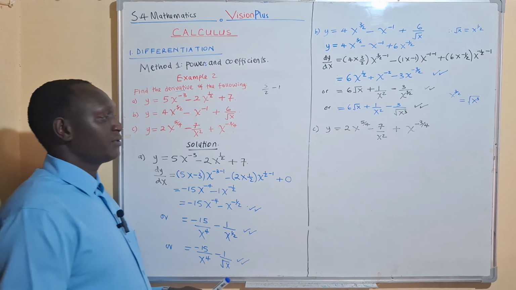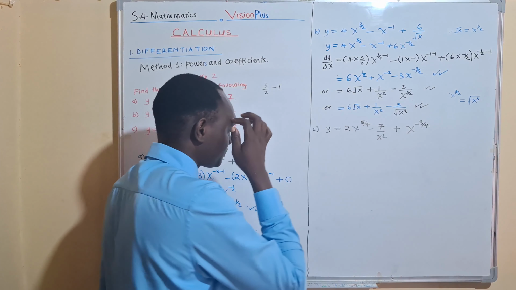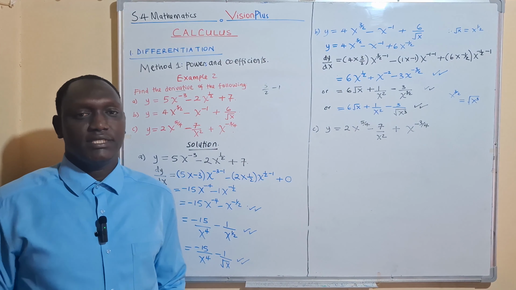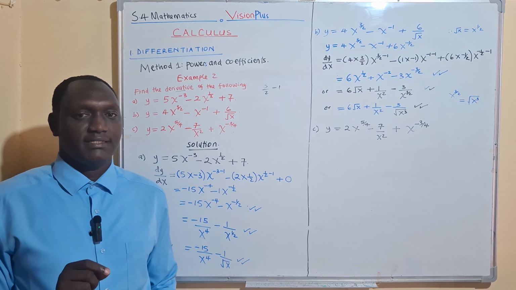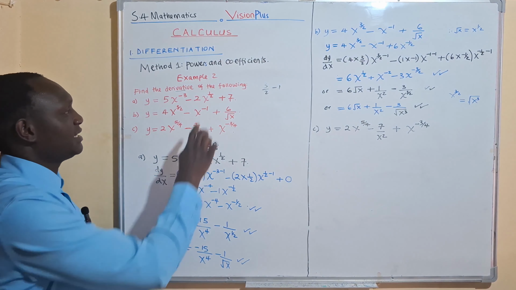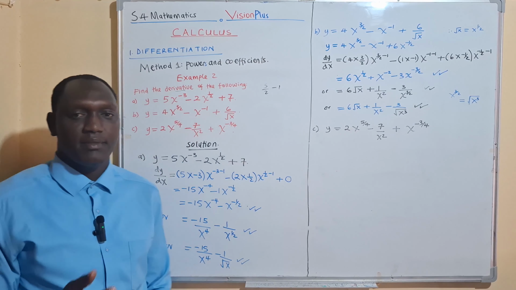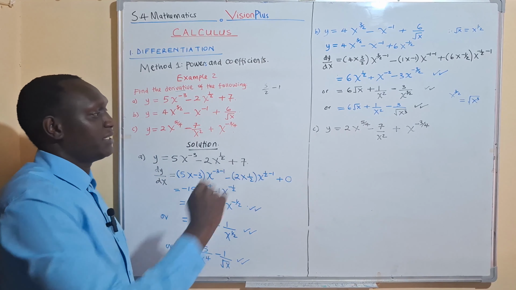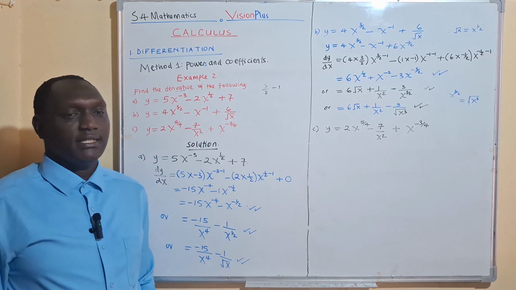Remember, if it is on the denominator, it does not mean that we cannot differentiate it at all. But for the methods that we have learned, that is powers and coefficients and maybe first principles, the two methods do not permit us to always have it on the denominator.